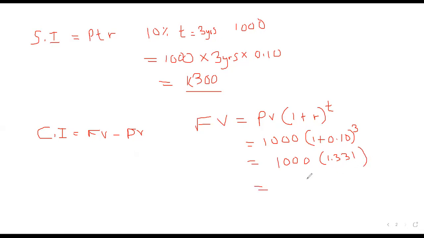When we multiply it, we're going to get 1,331. So the difference between how much we had and how much we have is called your compound interest.